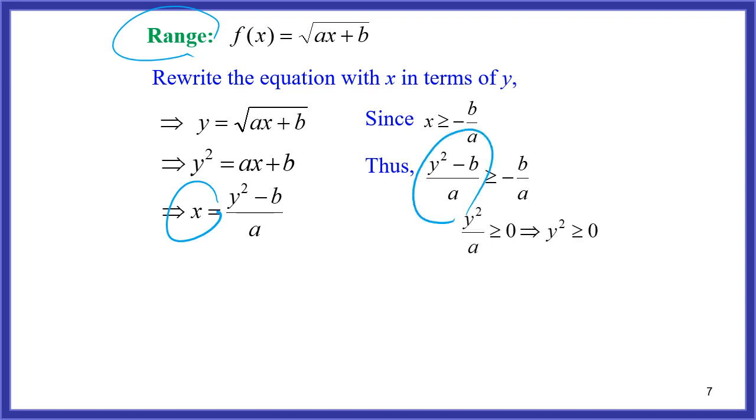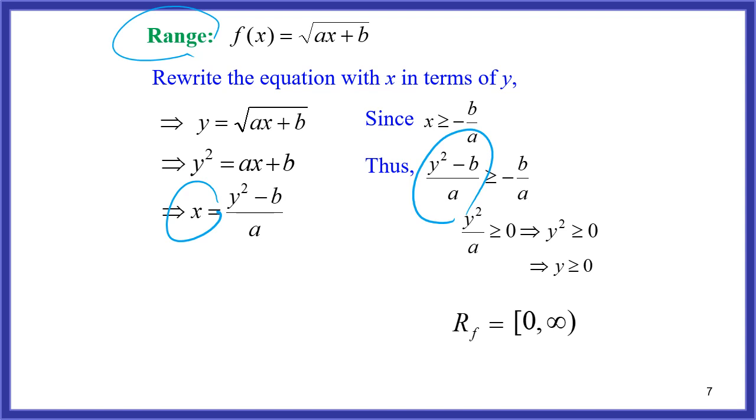So y squared over a should be more than or equal to 0. So y squared is more than or equal to 0, so y is more than or equal to 0. This working is really long, but we will see a simpler way to find it. So the range here will be 0 to infinity.